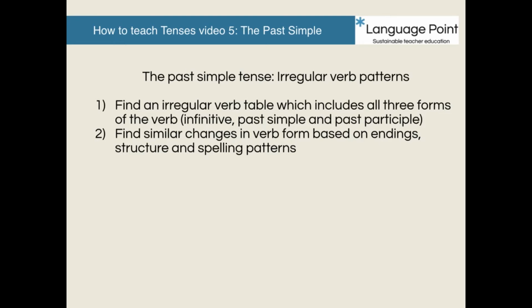So we're looking at verb endings, we're looking at the structure of the verb or the spelling pattern used, particularly in the vowels of the verb, which change between these three forms. An example of this is an I spelling changes to an A spelling, changes to a U spelling. For example, in the verb swim, the infinitive swim changes to the past simple swam, and the past participle swum.